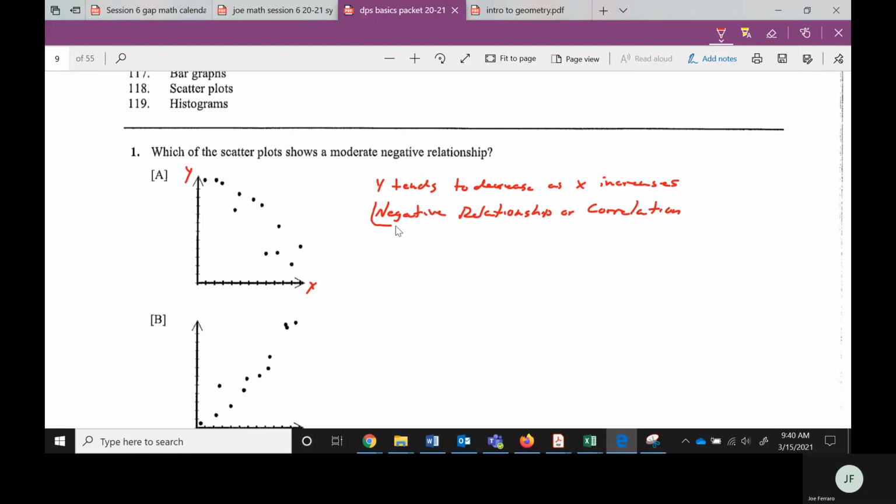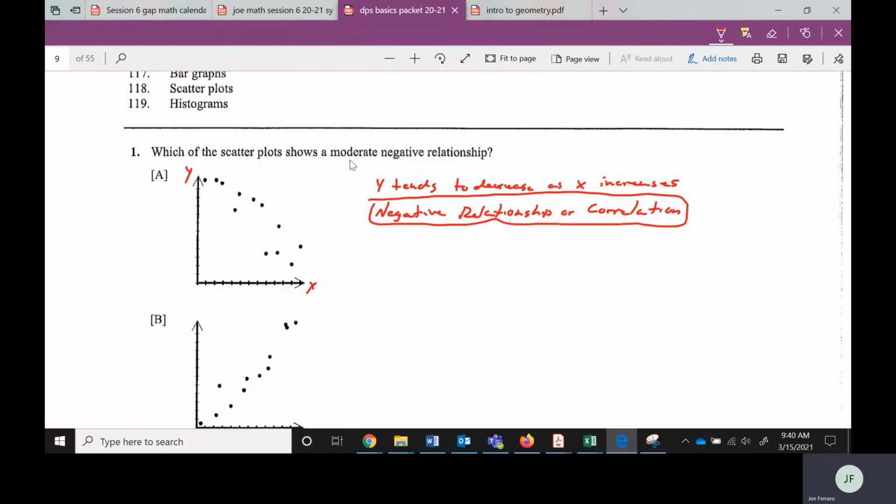I'm going to redraw that just because I covered up some of the words. If as x goes up or goes right, y goes down, that's a negative relationship or correlation.